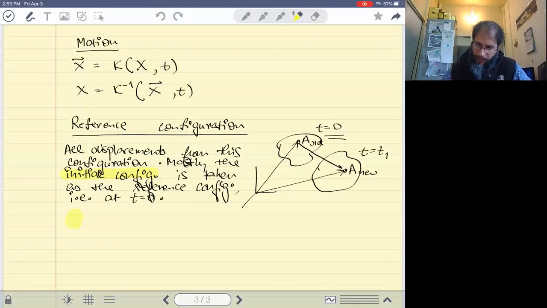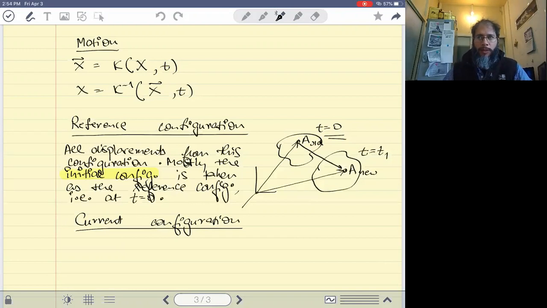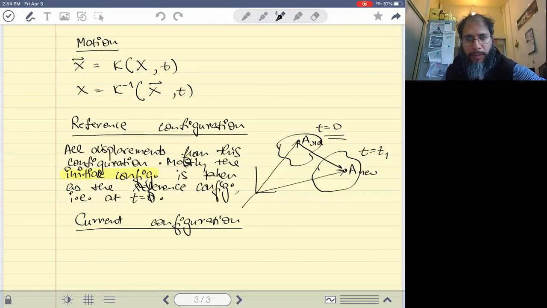And then we have something called the current configuration. So this configuration is the configuration which the body assumes at time t, which in the figure that I drew, I called t1. So at any time t, the configuration the body has is called the current configuration.